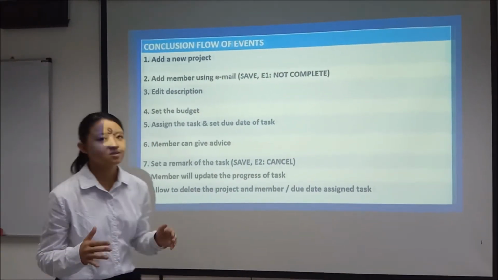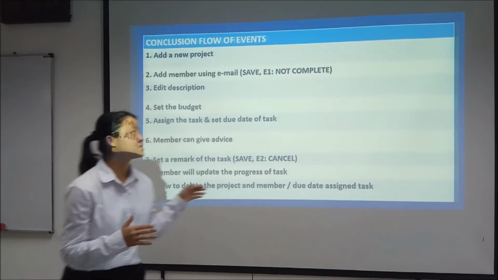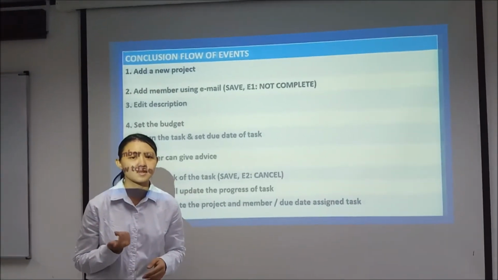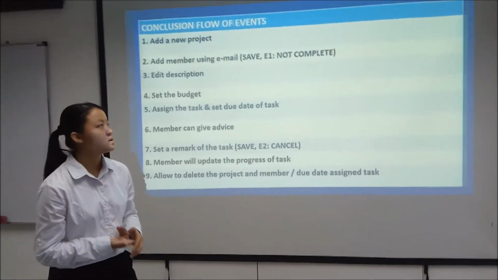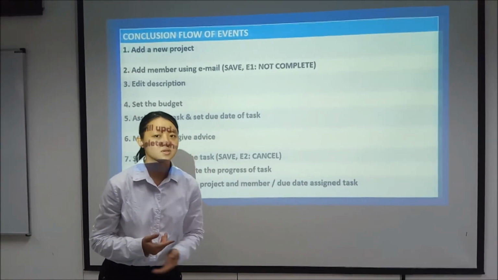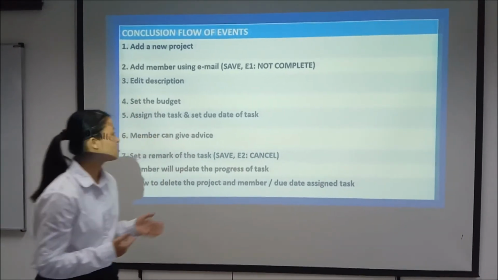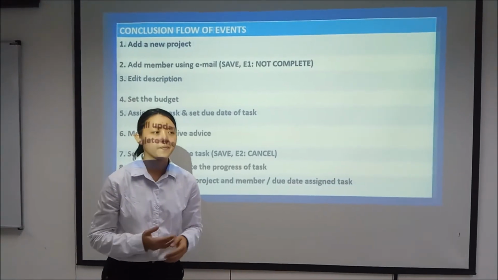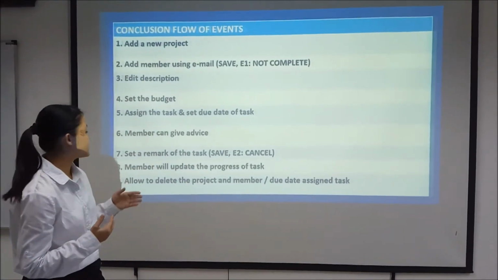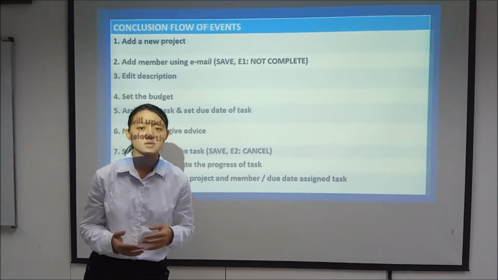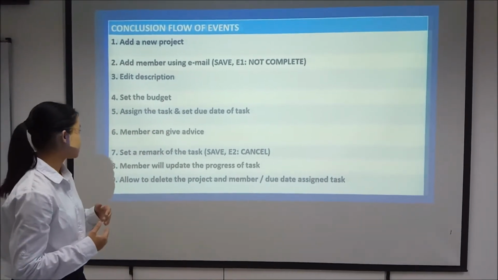In the conclusions, the flow of event is the first is add the new project and add the new members, and project manager can edit the descriptions, and 4 is set the budget in the project, and next is assign the task and the due date for the members, and member can upgrade.